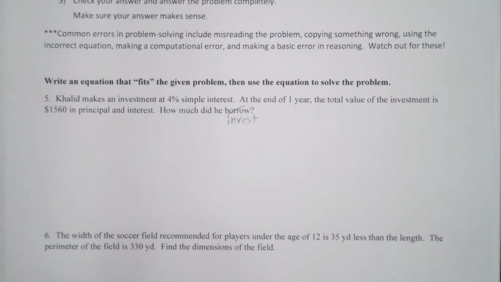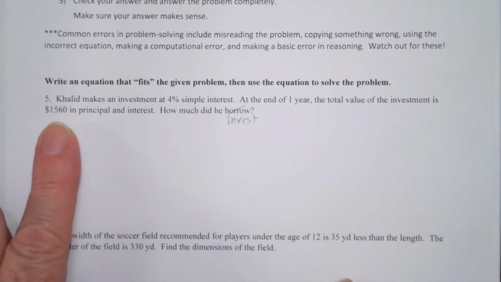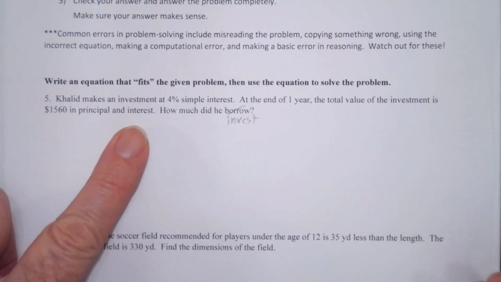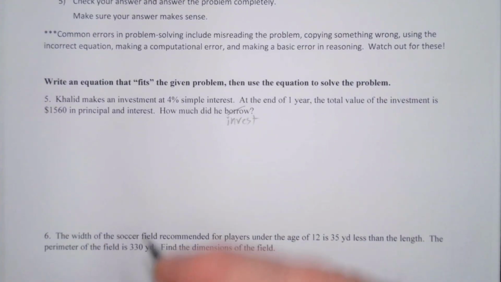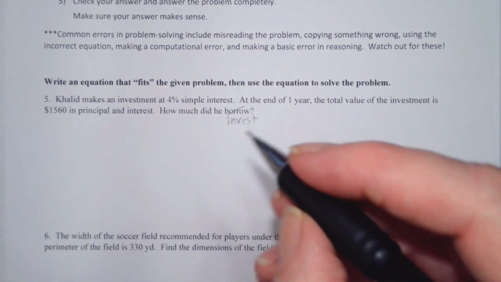And so now you'll have $104. So that's the idea here. At the end of 1 year, it's been in the bank or wherever for a year, and now it's worth $1,560. That's including the principal, or what you originally invested, and the interest.